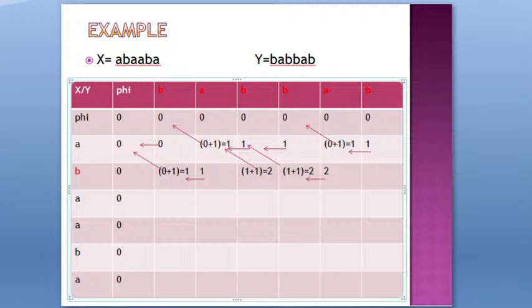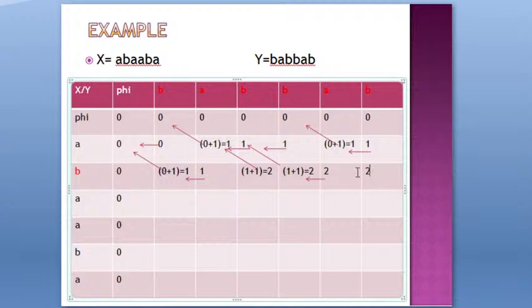B with B matched. Okay, it is matched with each other. Tell me what will be the value. 1 plus 1, 2. So direction. Srijit, what will be the direction? Diagonal. Absolutely correct, Priyanka.